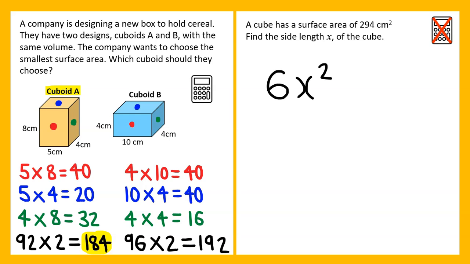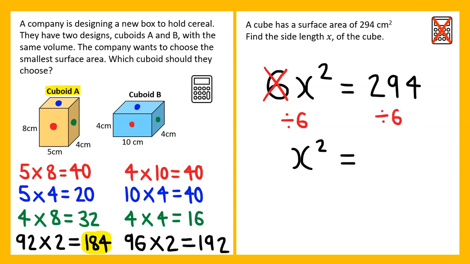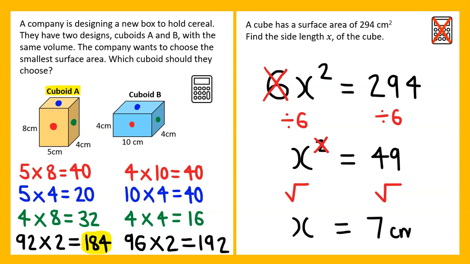So 6x squared is equal to the total surface area, which they've told us is 294. Now I have an equation which I can solve. Doing the inverse, I would need to divide by 6 on both sides, leaving me with x squared is equal to 49. And lastly, the inverse of squaring is to square root, meaning x must be equal to 7 centimeters.